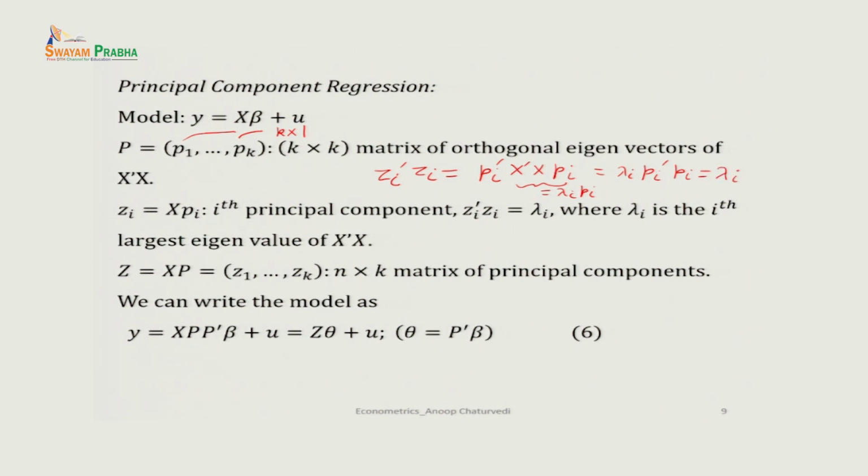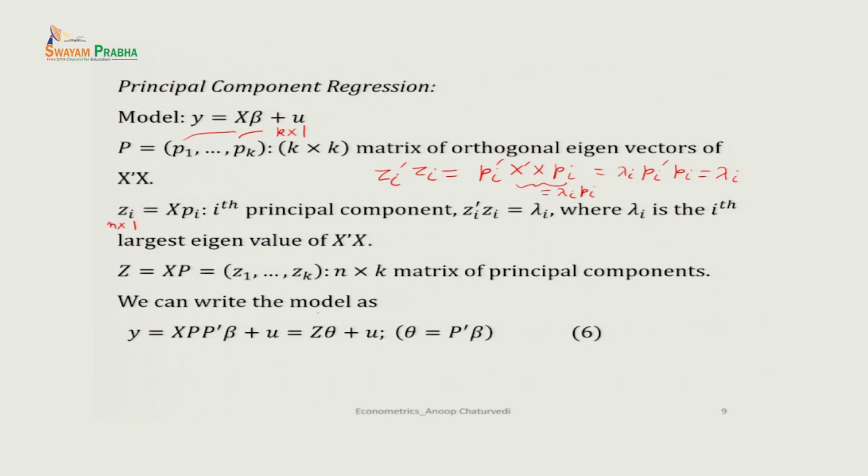So, you get lambda i, where lambda i is the ith largest eigenvalue of X transpose X. Then this capital Z is equal to X P. So, obviously, capital Z is equal to Z1, Z2, ..., Zk, and this is an n cross k matrix of principal components. Each of these Zi's is of order n cross 1. So, capital Z is of order n cross k.